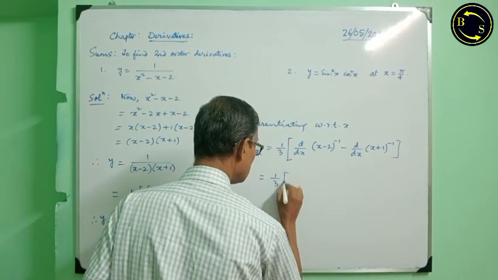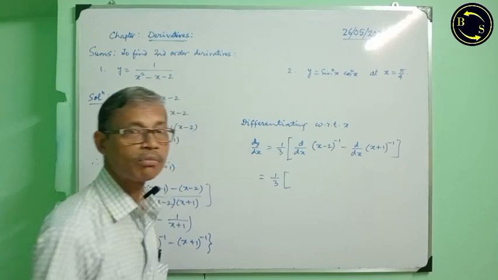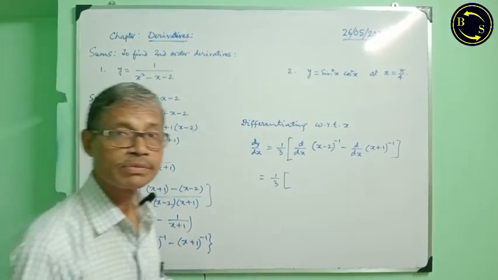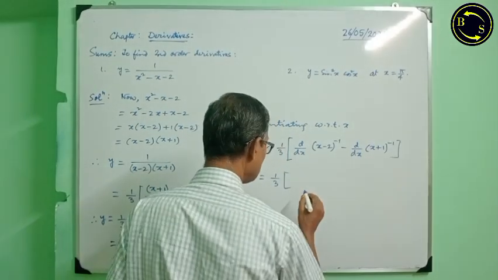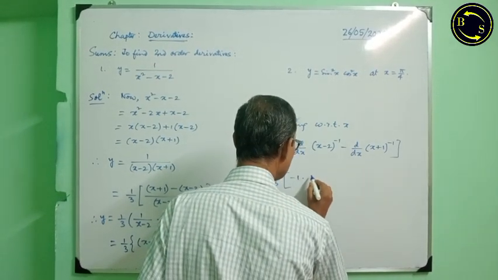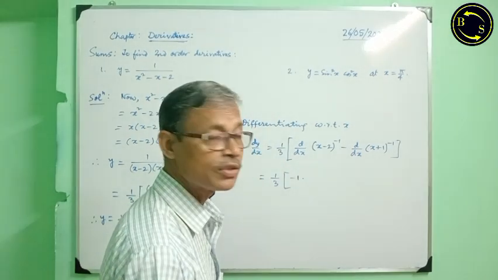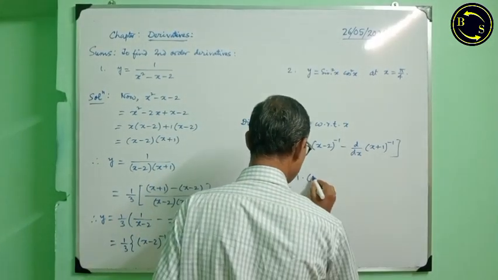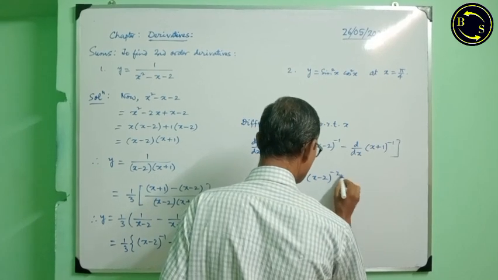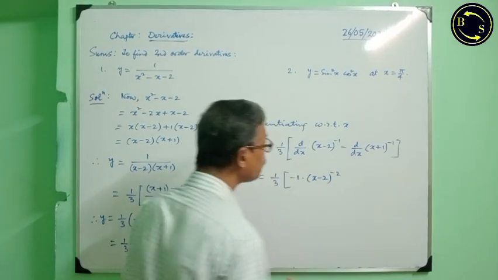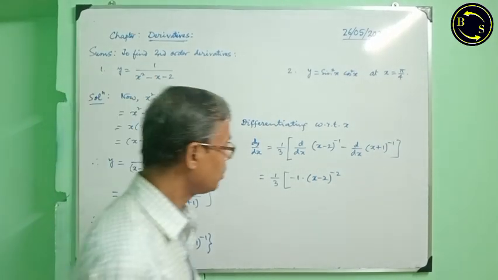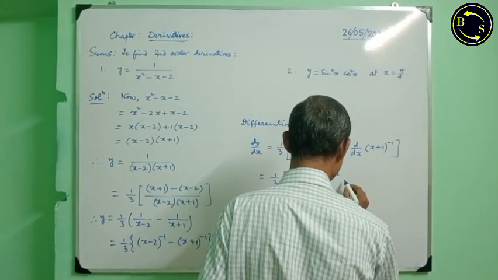1/3. Now it is u to the power minus 1 form. That means the first derivative with respect to u will be minus 1 times u to the power minus 2, means (x minus 2) to the power minus 2, and d/dx of x minus 2 is 1. Therefore, I am not writing that one.